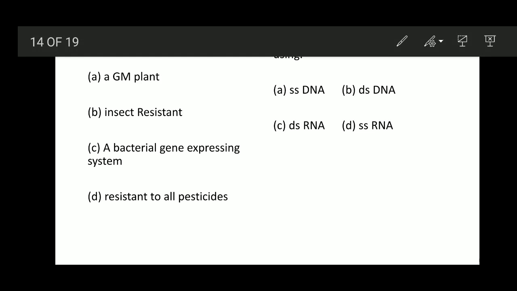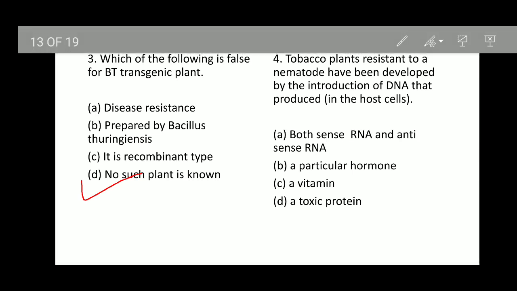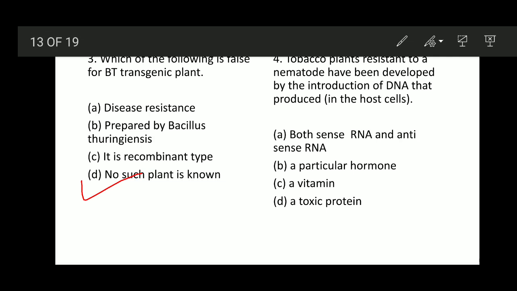So the RNA interference pathway is going to destroy the specific mRNA or the target mRNA of the parasite, which is going to remain non-functional and is going to destroy the parasite nematode. So option A is the right answer for question number 4.